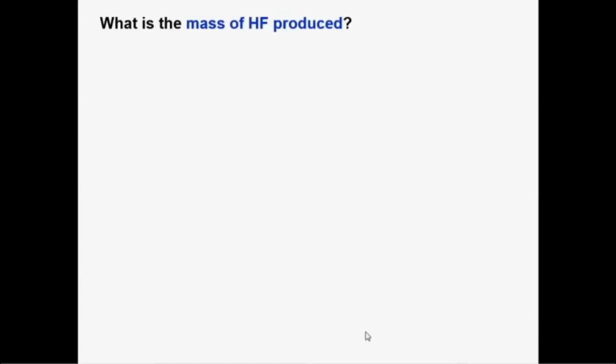And then let's say, guys, what if we want to know the mass of hydrogen fluoride produced? Just now we have already determined the moles of hydrogen fluoride produced in the reaction, which is 4 moles.